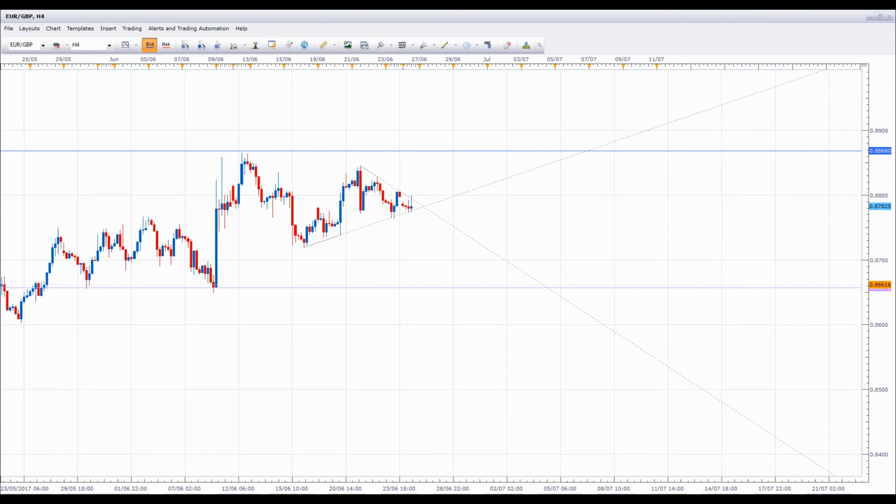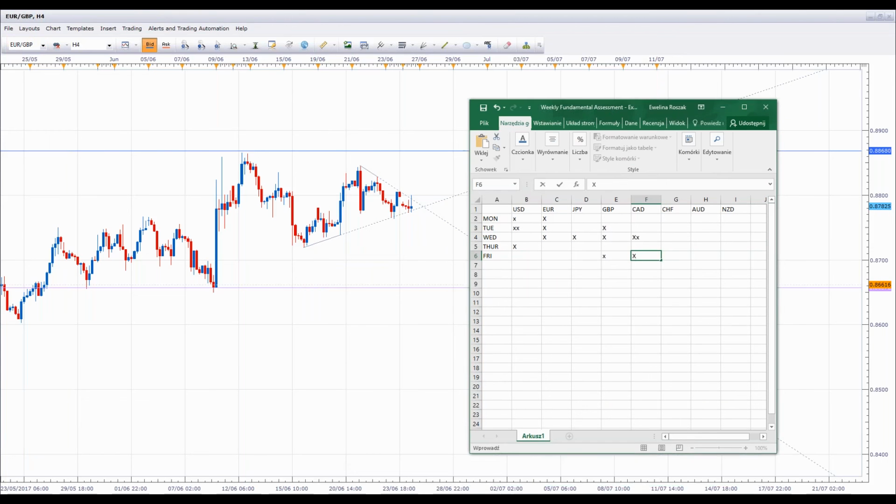If we're going to have a look at the weekly fundamental assessment, you can see here today we have Draghi speaking about 6 o'clock, and then for the pound we'll start to get some really serious or major news coming out tomorrow.